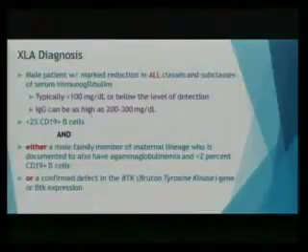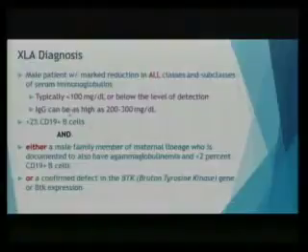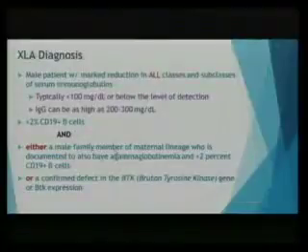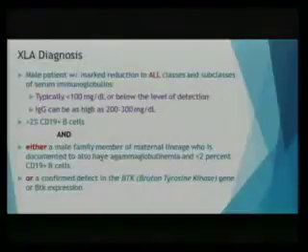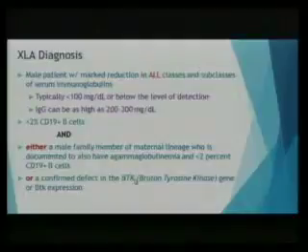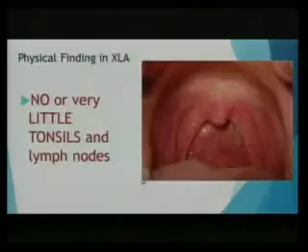And in addition to these caveats, you'll also need either that a male family member is documented to have agammaglobulinemia and less than 2% B cells, another male family member from the maternal lineage, or you would look for this gene defect known as BTK, or Bruton tyrosine kinase.